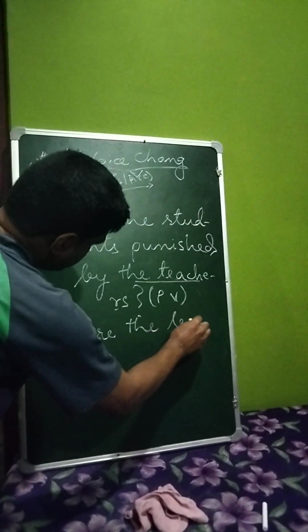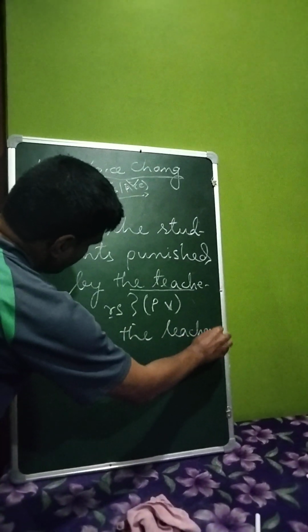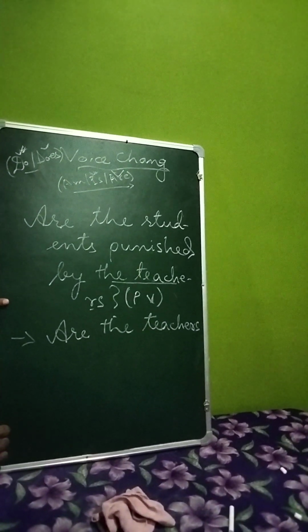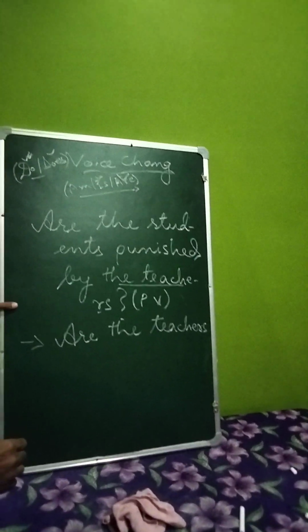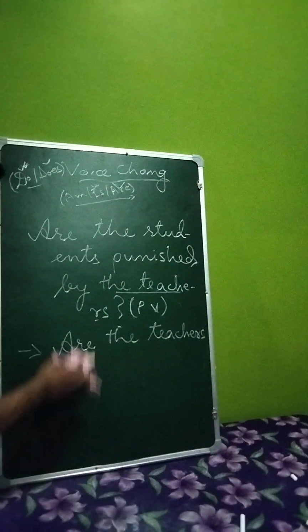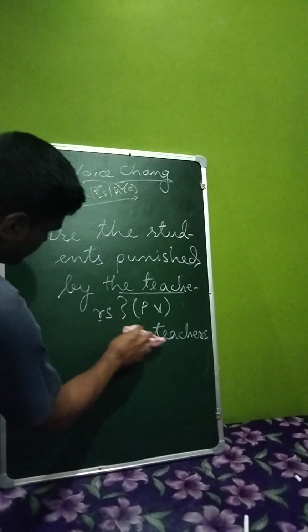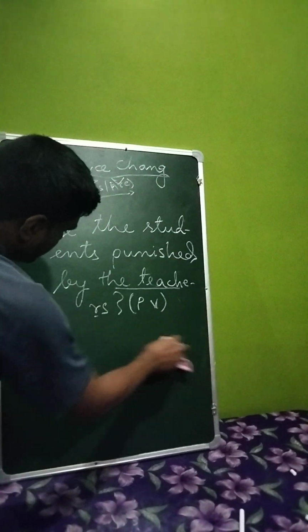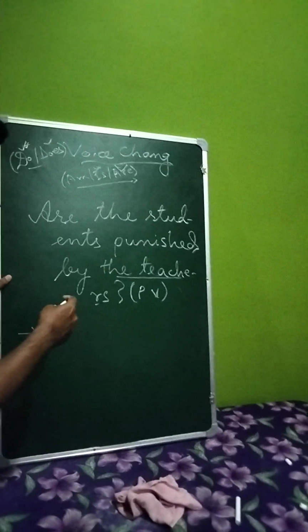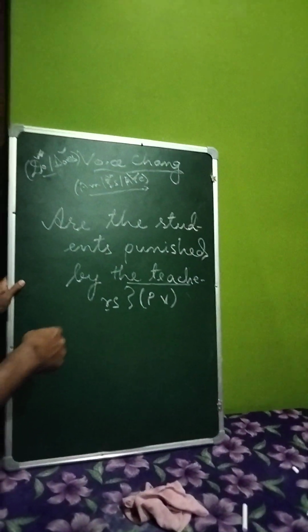So you are to use the verb are. The teachers are... I mean, it's not are. I had made a mistake. I had done wrong.